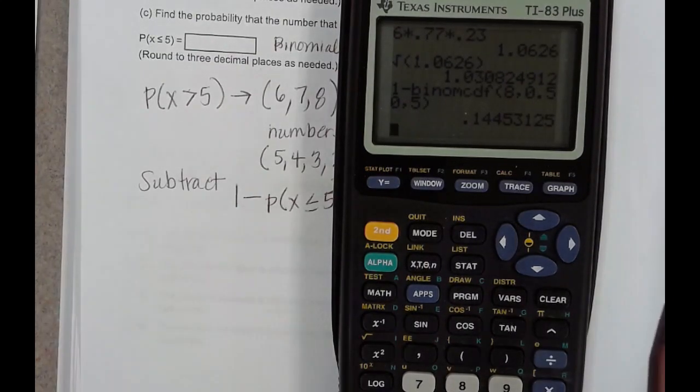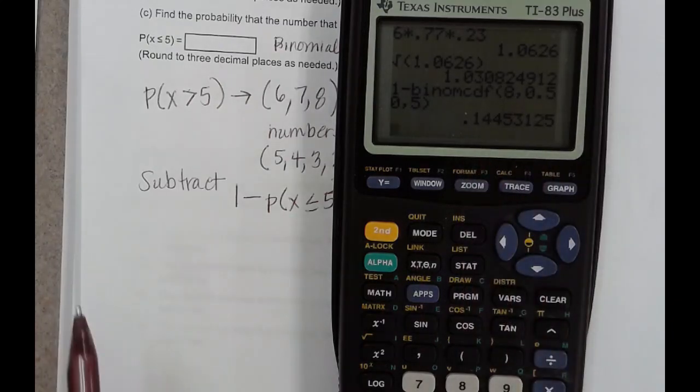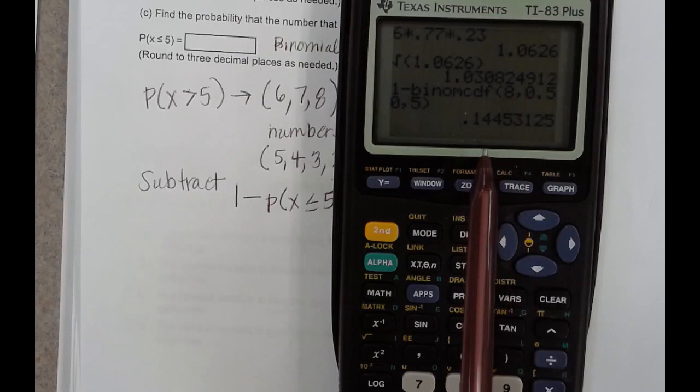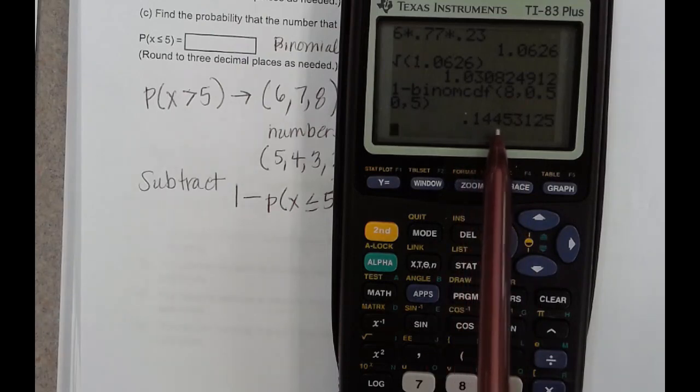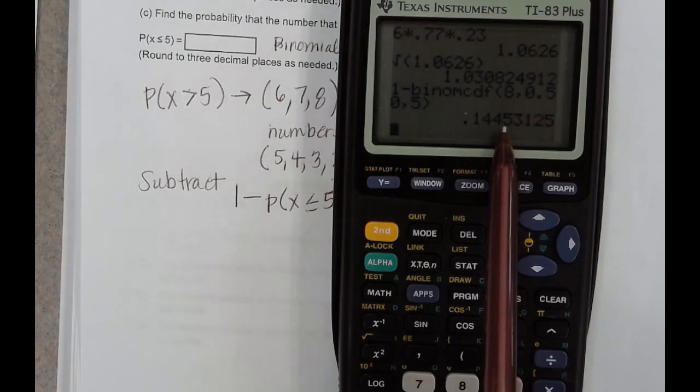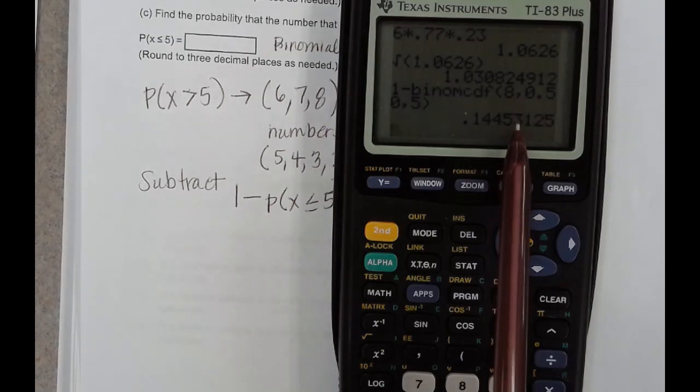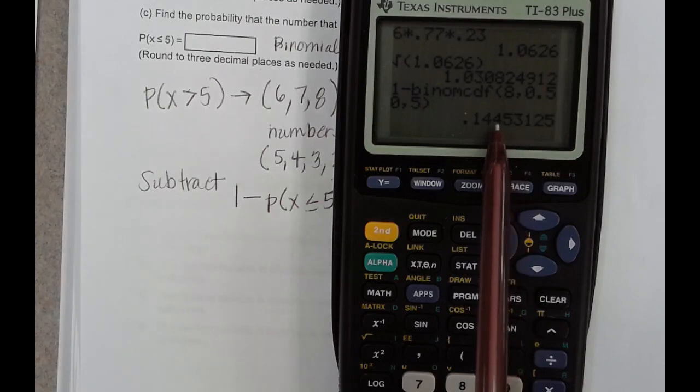So right from here, y'all, we're trying to round to 3 decimal places. Let's look at the 4th decimal place. 1, 2, 3, 4. The 4th decimal place is a 5. 5 will bump that 4 up 1.